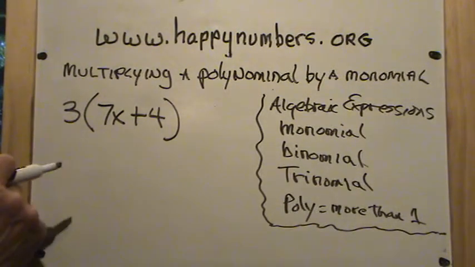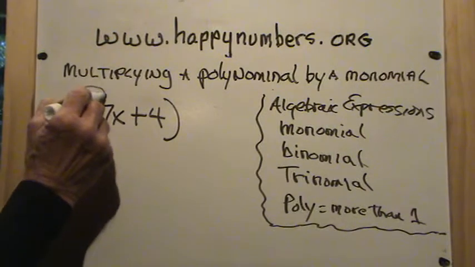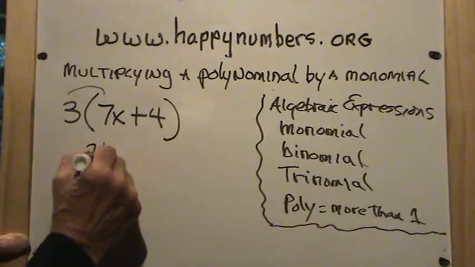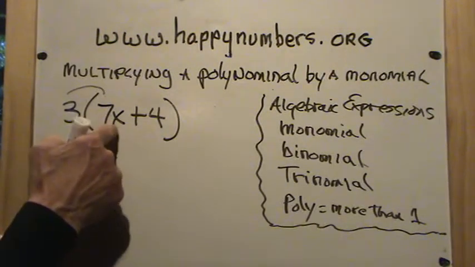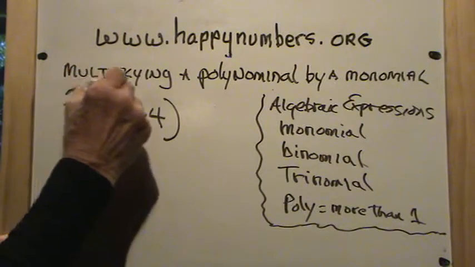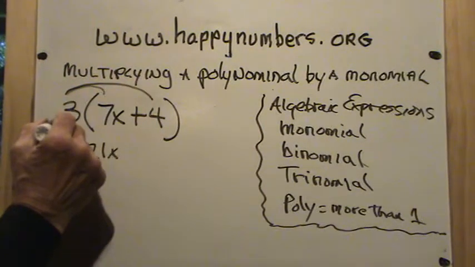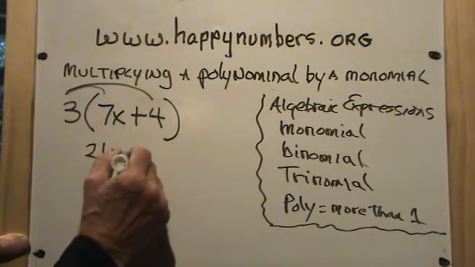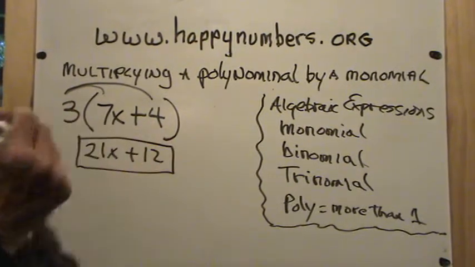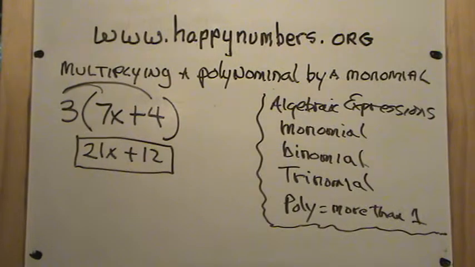Well, we simply multiply our coefficient. Positive 3 times 7 gives me 21x. Since there is no variable, we just use that x. And then coefficient times coefficient. Positive 3 times positive 4 gives me positive 12, and there is no variable involved. So that's our answer for that one.